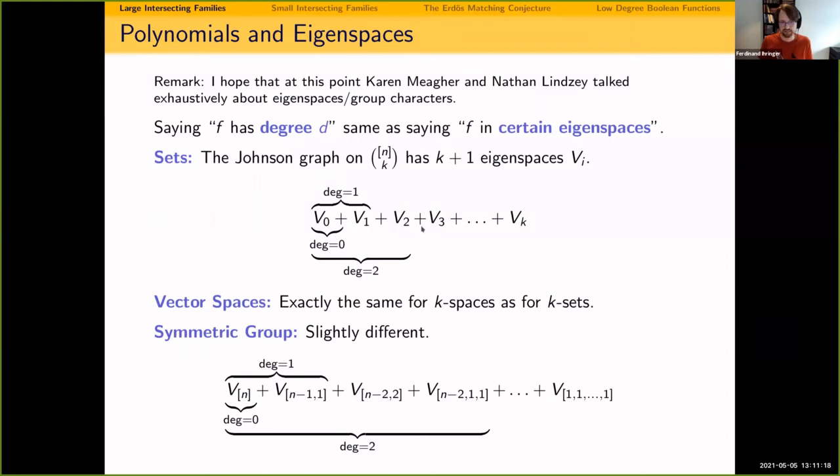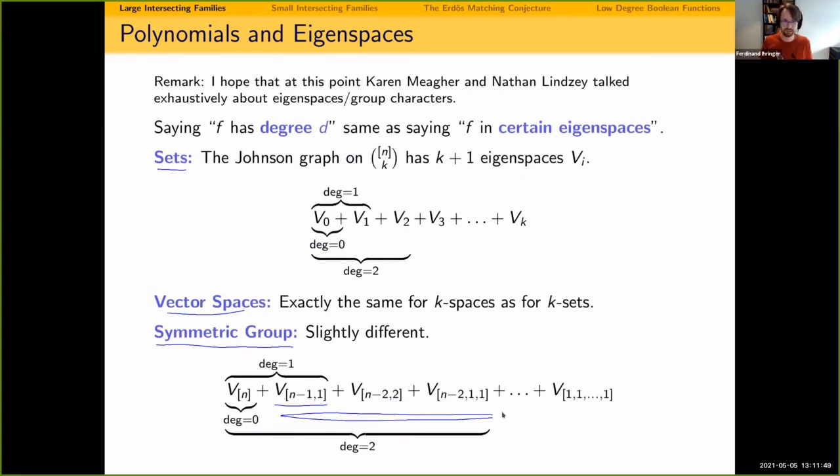And exactly the same thing also works for vector spaces. So vector spaces and sets behave very similarly. And as we saw in Nathan's talk, for the symmetric group there are some differences: for degree 1, we still have the trivial eigenspace and one non-trivial eigenspace, while for degree 2, we now have 3 non-trivial eigenspaces.